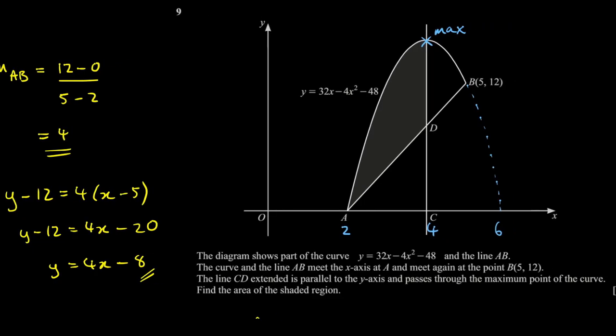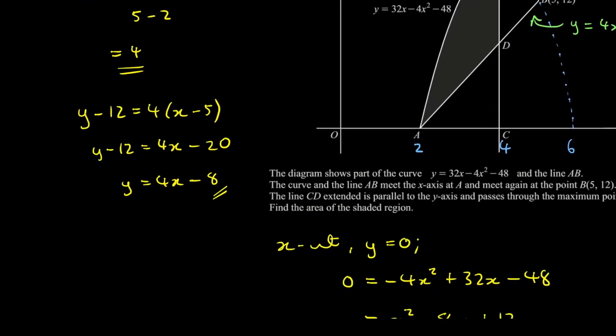Okay, so that line there, the line AD, right, this guy, that is the line y is equal to 4x minus 8. So how are we going to get to point D? Well, the point D is the intersection of that line with the line x is equal to 4. So we just substitute x is equal to 4 into the equation of the line.